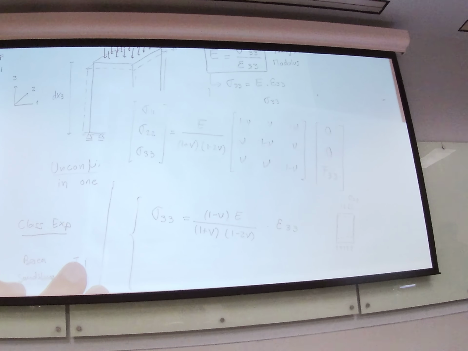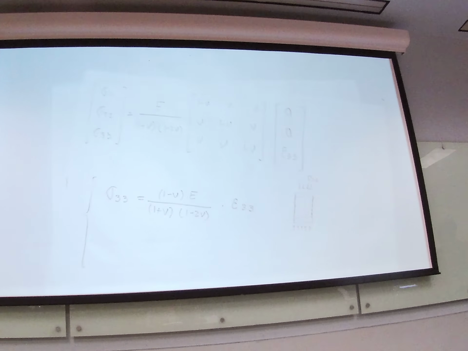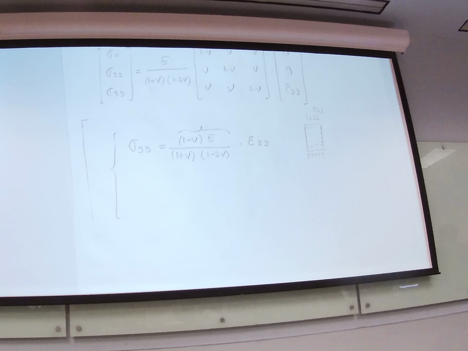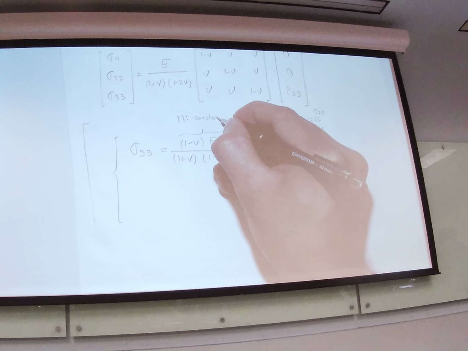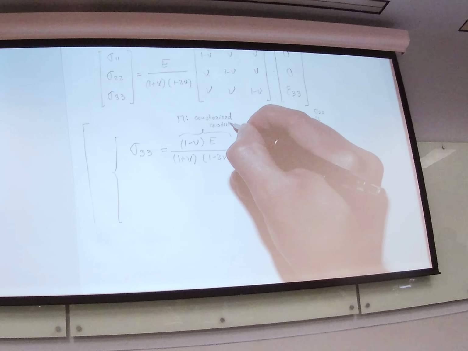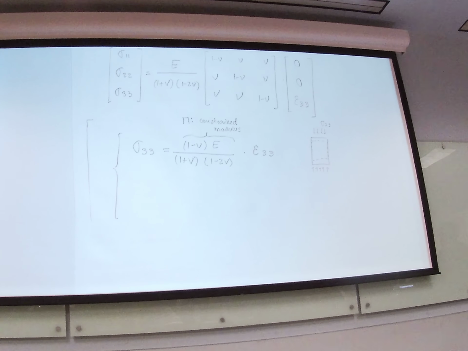And now, this coefficient goes by the letter M, and it's called constraint modulus. And notice that it's a combination of Young modulus and Poisson ratio.